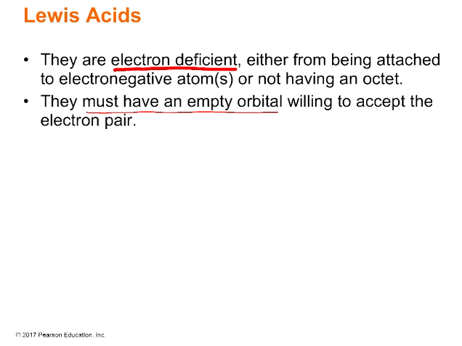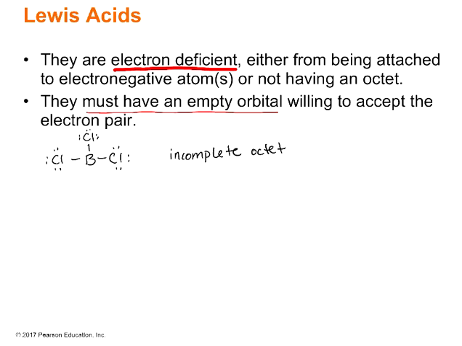One example is boron trichloride. Boron, you might remember, is completely happy with just 6 electrons. It doesn't need an octet to be stable. So in this molecule, we have an incomplete octet on boron.